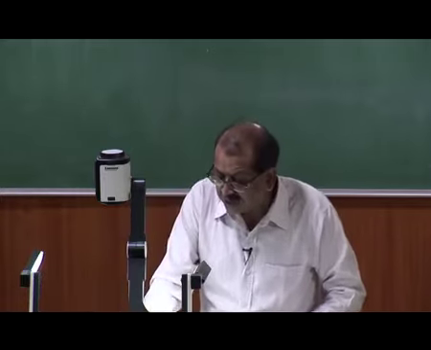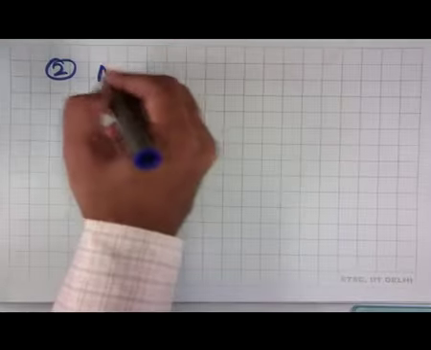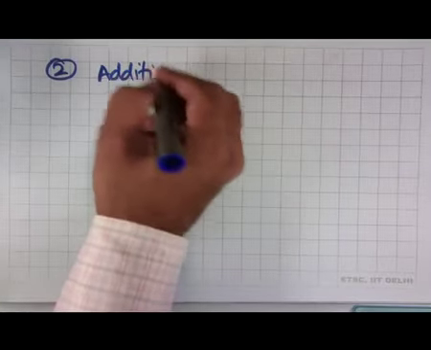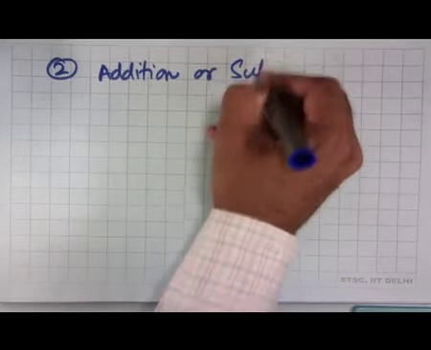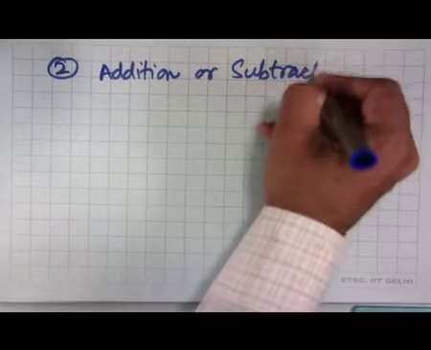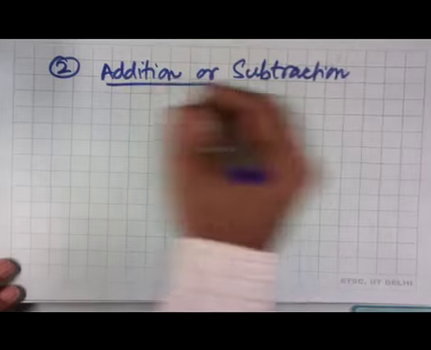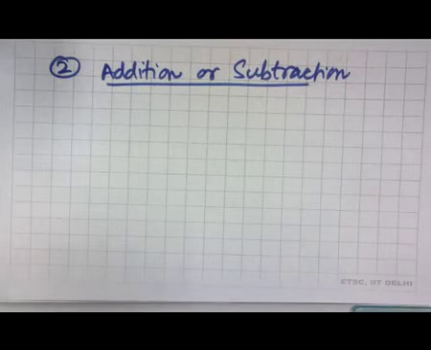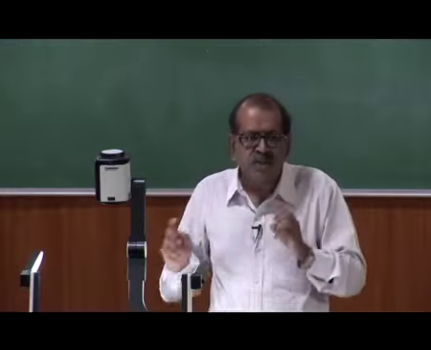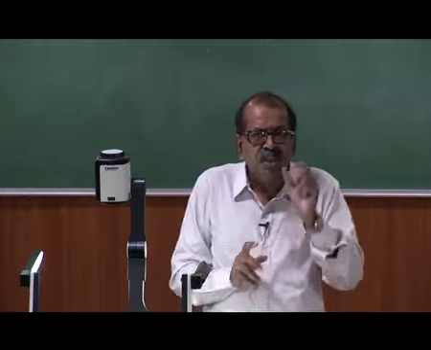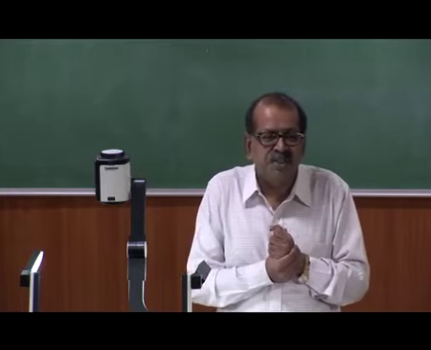But secondly, let us take the case of addition or subtraction. Now, it is very clear that in addition or subtraction, when we are adding 2 quantities or subtracting 2 quantities, then these 2 quantities have to have the same dimensions.